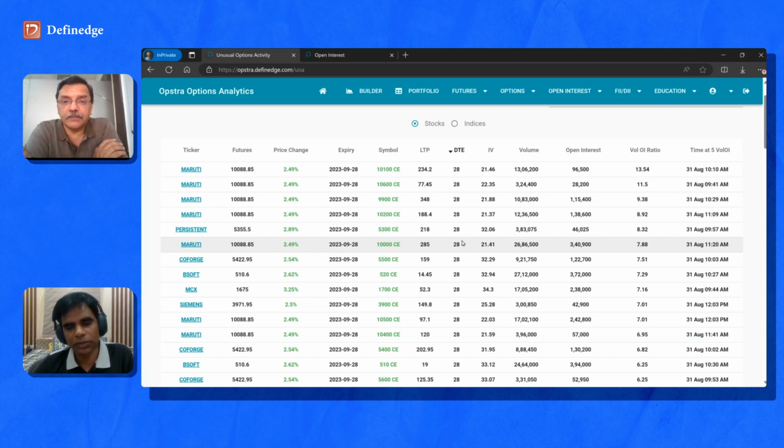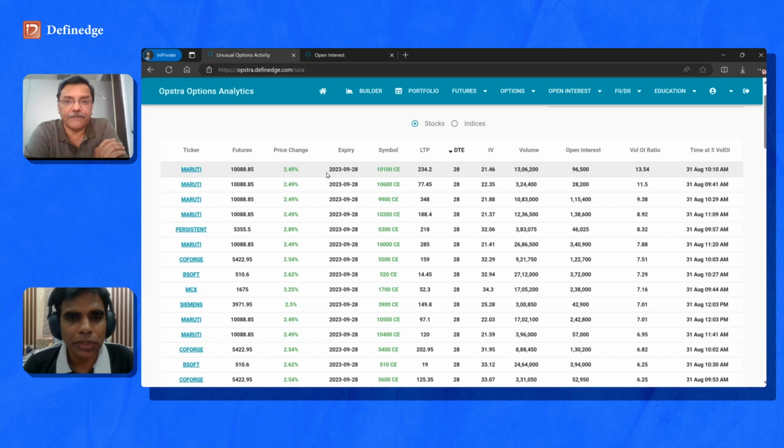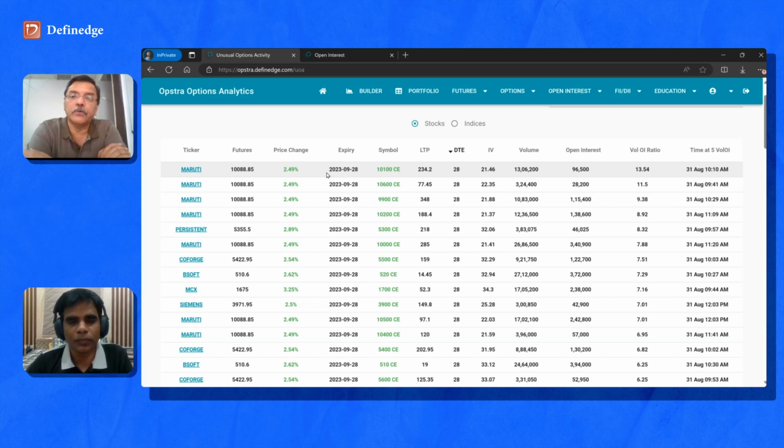So if you keep track of the call chart or the Maruti chart, who knows, after a pullback it might again give a good trade later on. That is another positive which can be looked at for the future. Of course, this is not a positional trade. Like you said, it is only an intraday trade, but you can note down these strikes for the future.